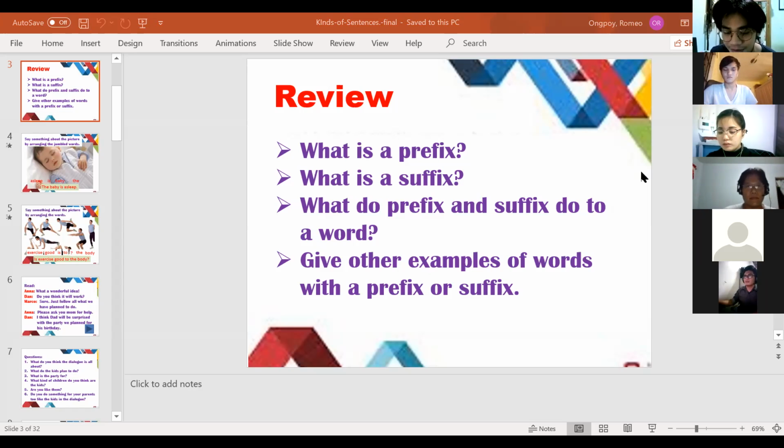For painting, it's actually a verb. It's paint plus ing, a present participle. So can you give another example, using a prefix like un or re or whatever?